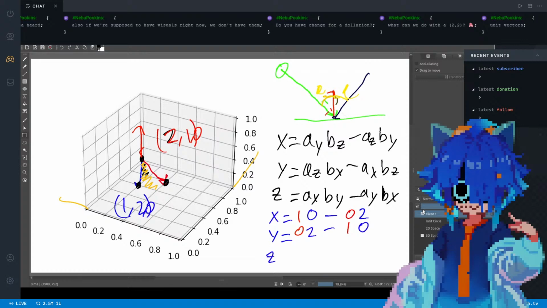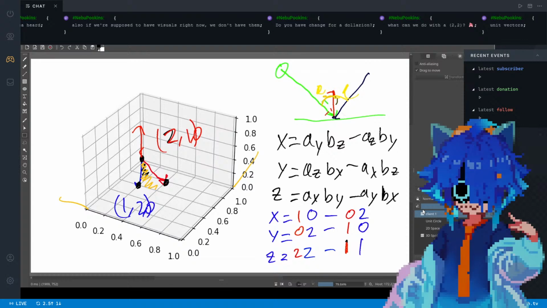And then for the last component, we're going to have the x from red, which is 2, times the y from b, which is 2, minus the y from red, which is 1, times the x from b, which is 1.